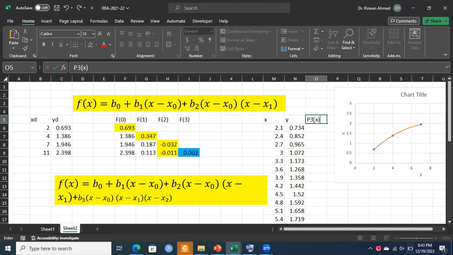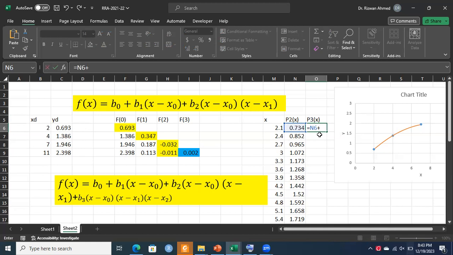So P3 of x, the previous approximation was P2 of x, the second degree polynomial. So at this calculation, I can make use of the earlier calculation, P2 of x. So this part is constant plus the coefficient B3.